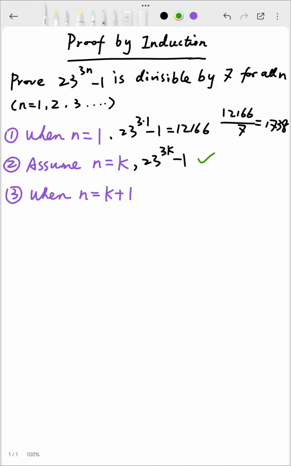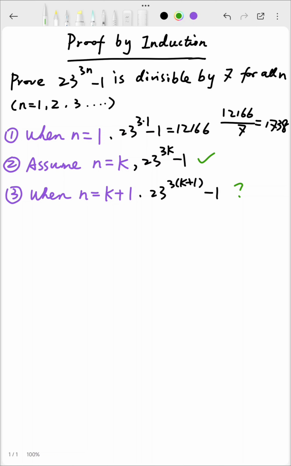I'm just going to use a little tick to say this is divisible by 7. Okay, and if that is the case, what happens when n equals k plus 1? Will this still be divisible by 7?